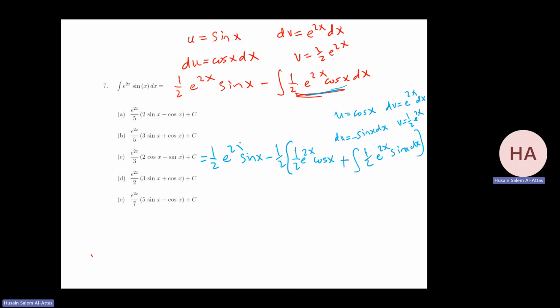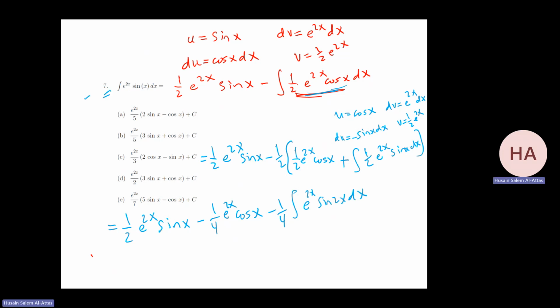That gives me half e to the x sine x minus 1 over 4 e to the x cosine x minus 1 over 4 the integral of e to the x sine x dx.